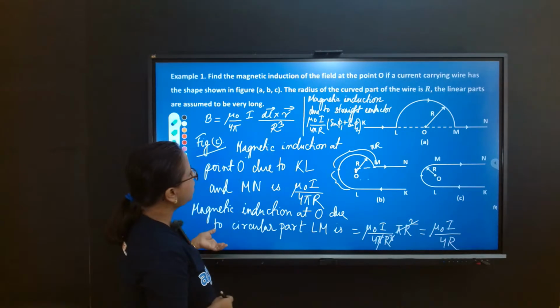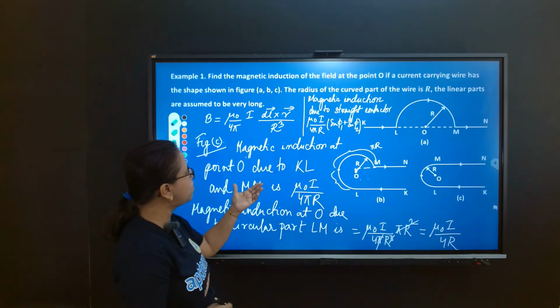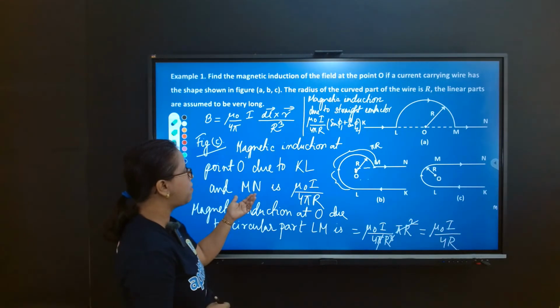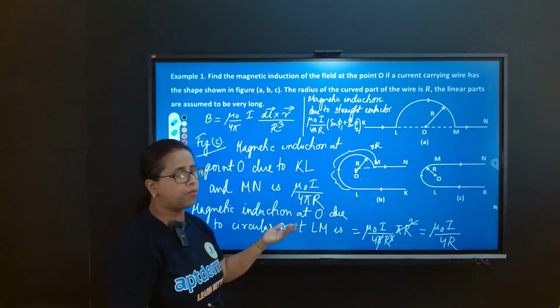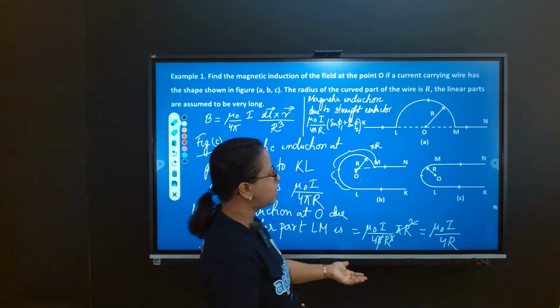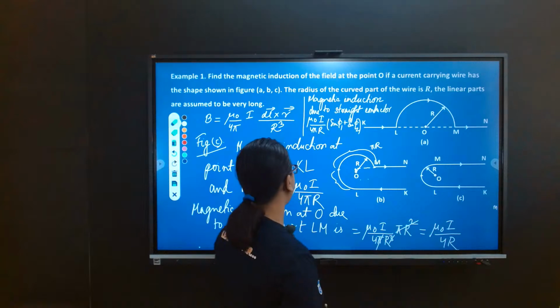Now, again, finding out the net magnetic induction. Since for the two parts KL and MN, we have the same term coming up twice, we shall add that to mu naught I by 4 r.